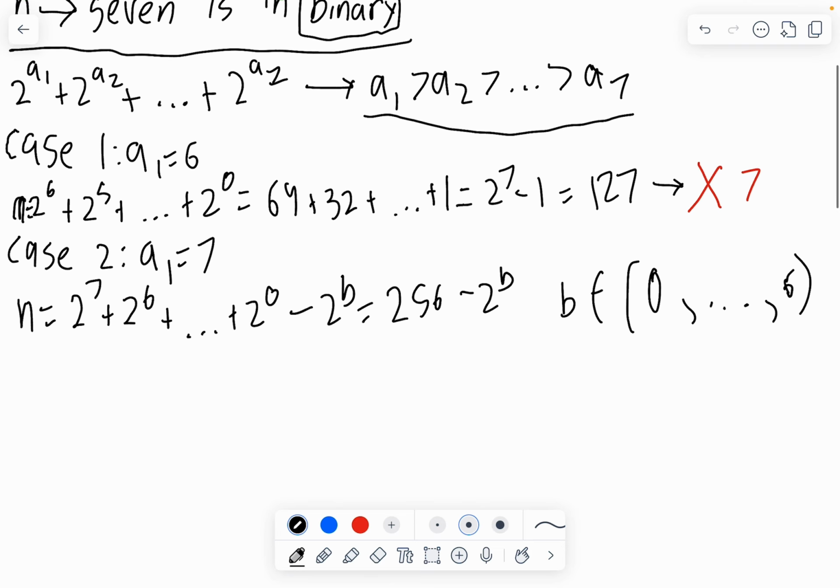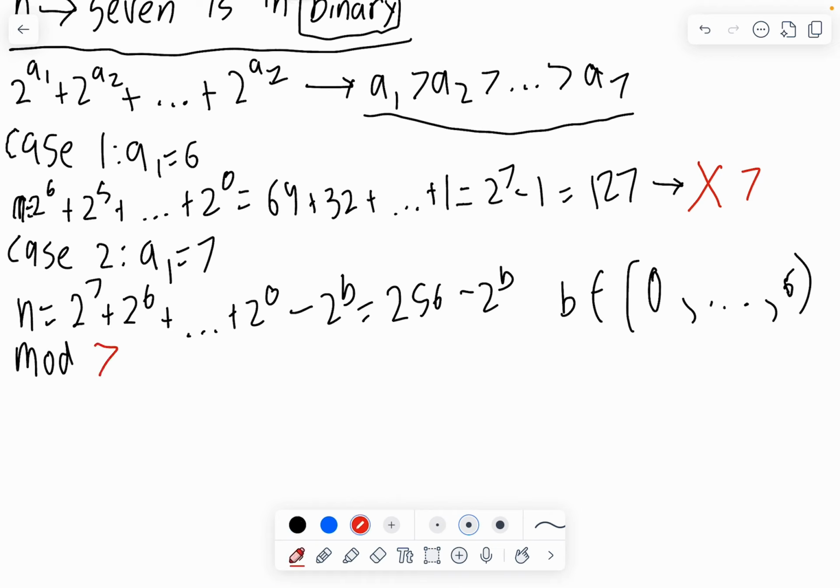So now what we do is that we can let this equation be in mod 7. So here we can see that n is congruent to 3, because the remainder when 255 is divided by 7 is 3.